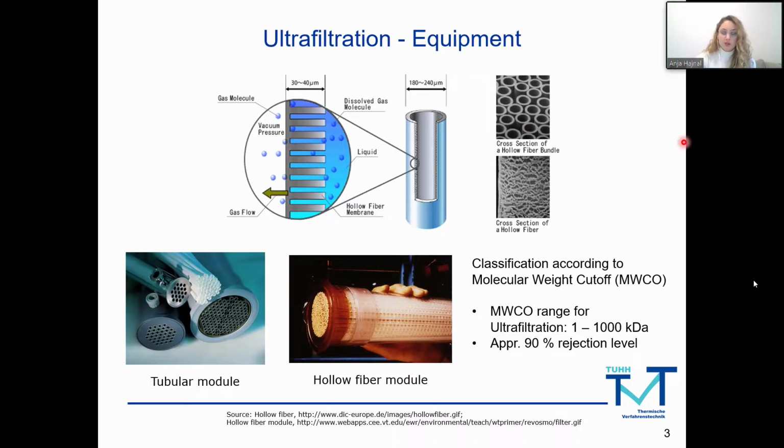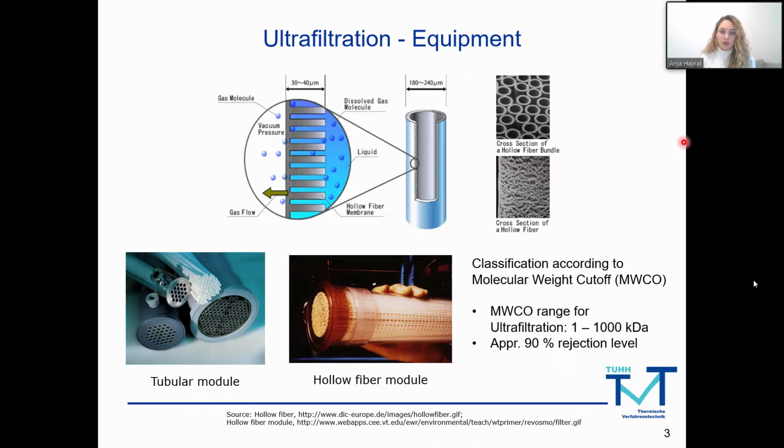As I mentioned, the membrane itself, in the case of ultrafiltration, is an asymmetric membrane. Usually, if we say it's a composite membrane, we would have a porous support, which has quite large pores, and then a very thin layer on top, which is actually determining the separation and has the pore size required for the operation.